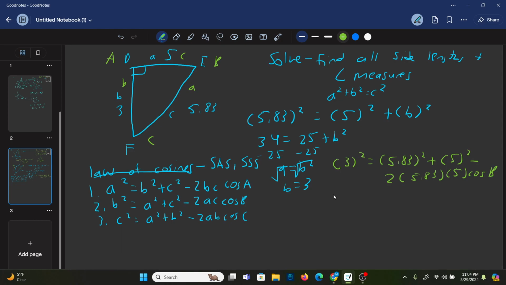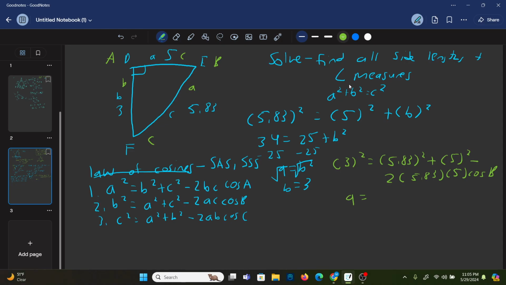So first, what I'm going to do is simplify this. We're going to do 9 equals, we can take this into a calculator, 5.83 squared plus 5 squared.